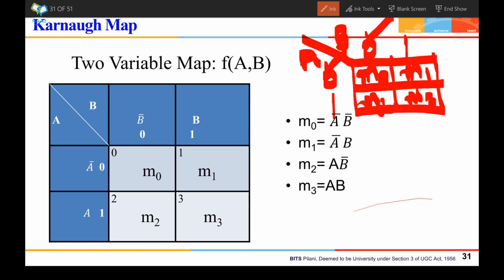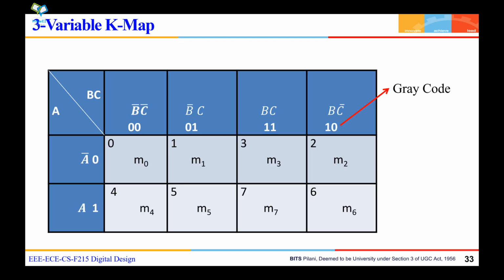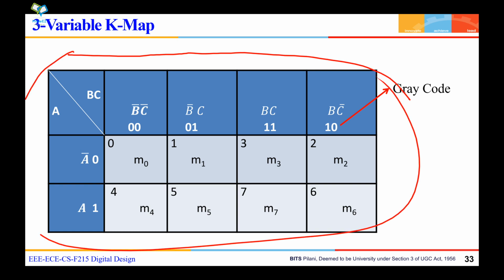Similarly, you will have three variable Karnaugh map. In three variable Karnaugh map, you draw the table like this. And this side you will have A, because there are four combinations here, you have BC.